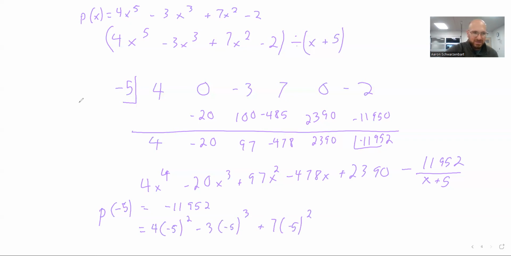I messed up here when I wrote this out. Negative 5 is to the fifth. I don't know why it's erasing more than I want it to. There. And then minus 2.